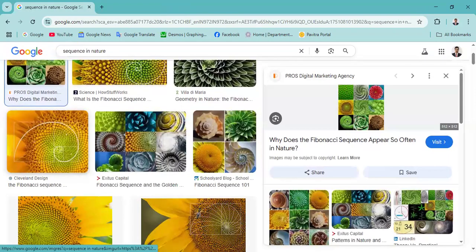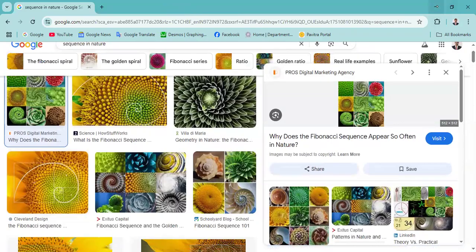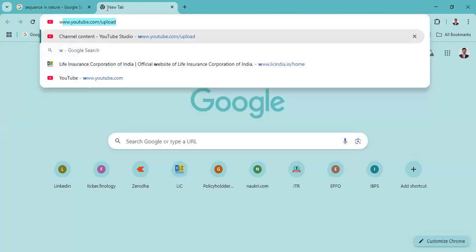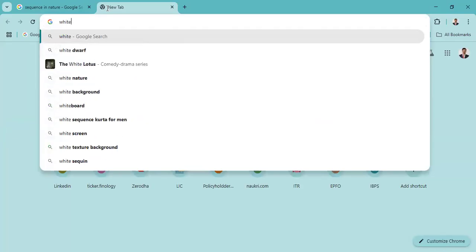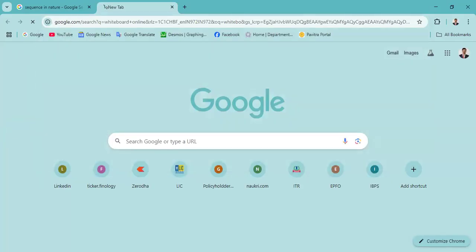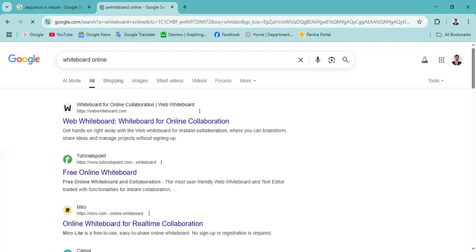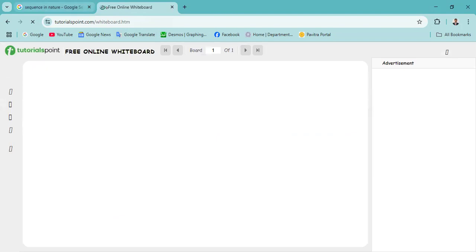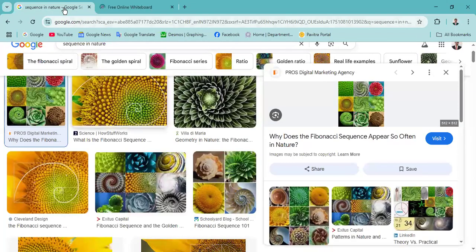Seeds in sunflower are arranged in this order, like this.